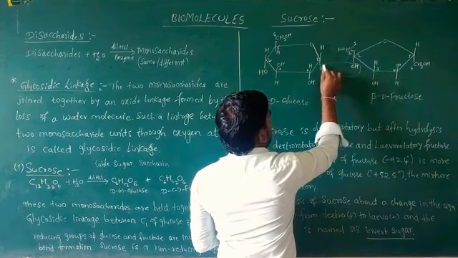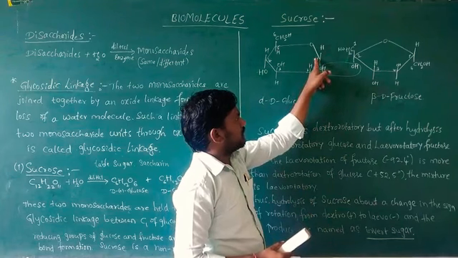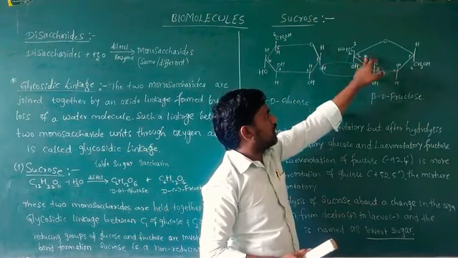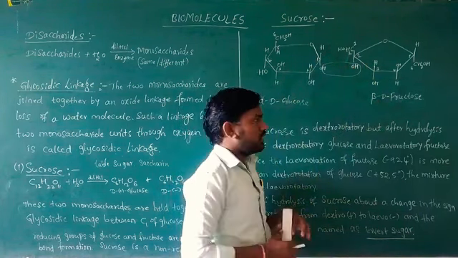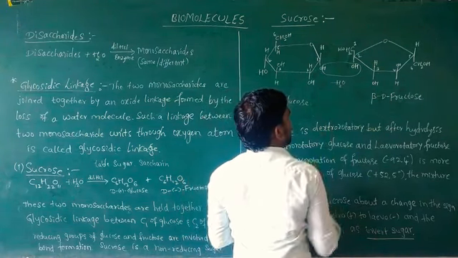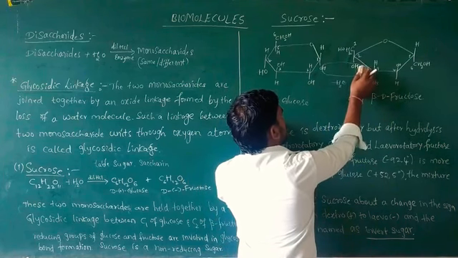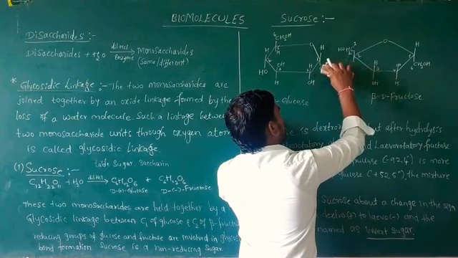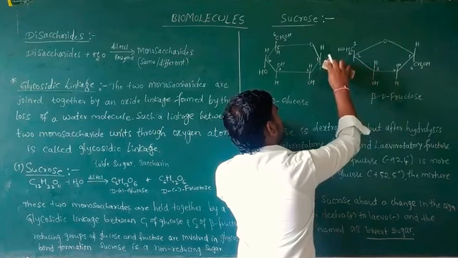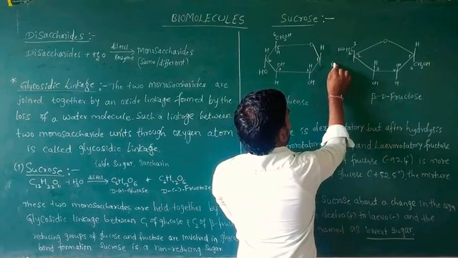If you remove water at C1 of the glucose and C2 of beta-D-fructose, H from glucose and OH from fructose, what remains in the structure? Only an oxygen atom.